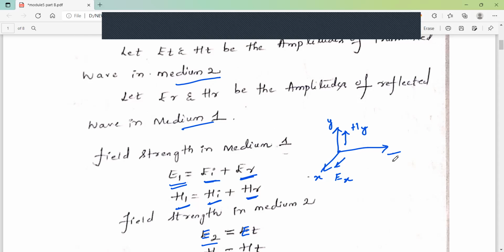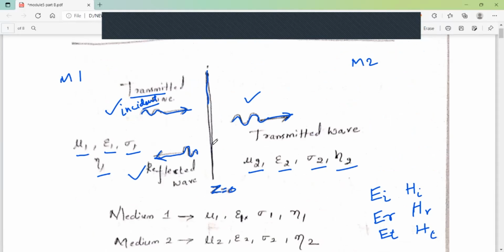Then the transmission, or we have talked about the power, is actually along the z-axis. Okay, now we have taken the z-axis as the interface, and the wave is traveling from negative z-axis to positive z-axis. So obviously, electric field and magnetic field will be perpendicular to that. Along the direction of propagation, neither electric field is there, nor magnetic field is there. Both are perpendicular to the direction of propagation.